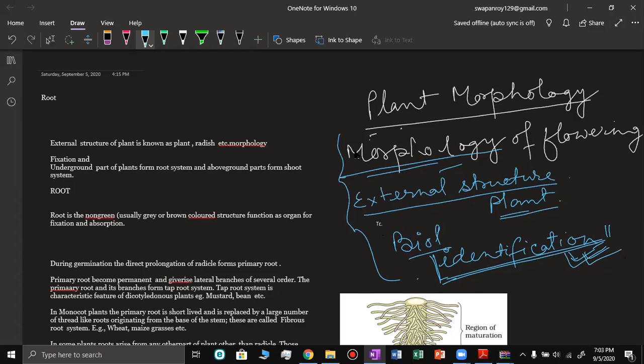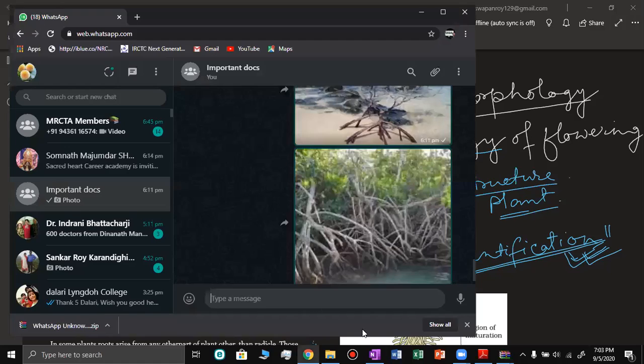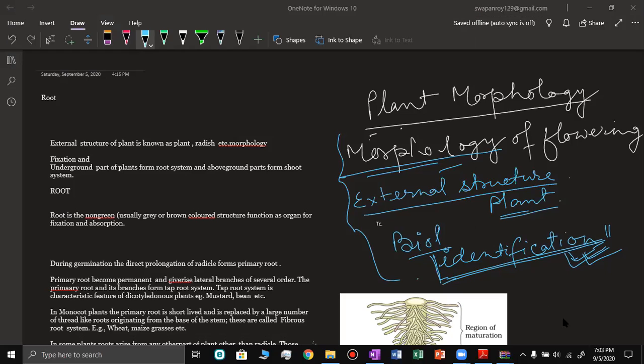In the plant, what we can see from outside are the stem, branches, their leaves, flower, fruit.